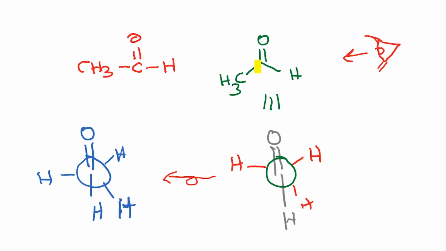Just to repeat, this is the carbon-carbon bond, and if we look at it from here, the front carbon is C double bond O H, which I'm showing over here, and the back carbon is the CH3, which is shown here. You need to start getting familiar with this kind of notation.